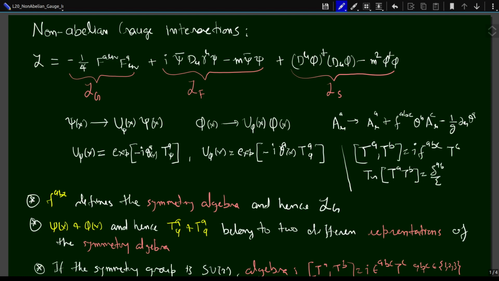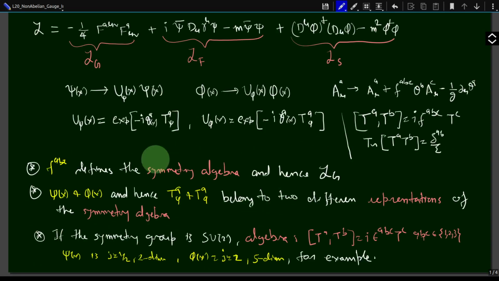And they are normalized to trace of T^a T^b equal to δ^{ab}/2. When I say [T^a, T^b] = i f^{abc} T^c, this is valid for both T^a_φ and T^a_ψ, because they are specific representations of these abstract matrices in general. So this commutator will define the Lie algebra per se.